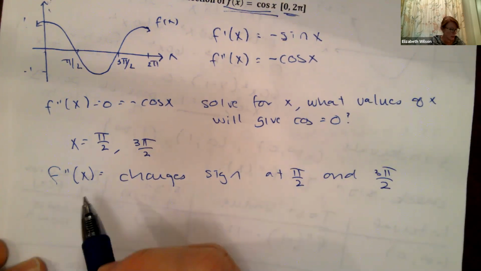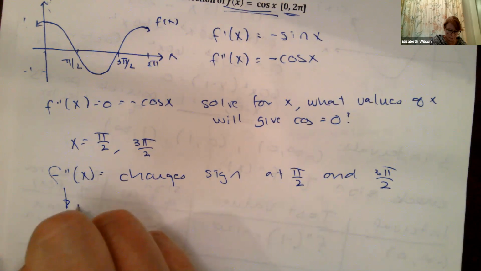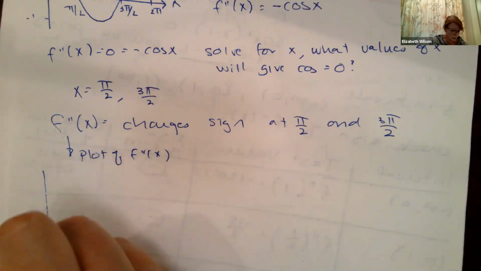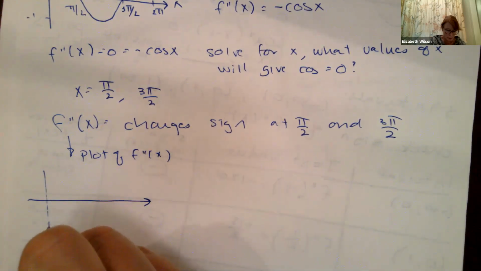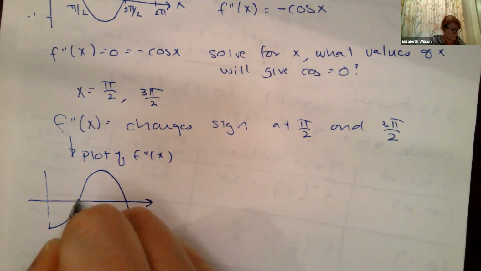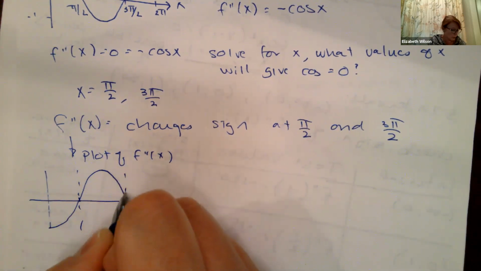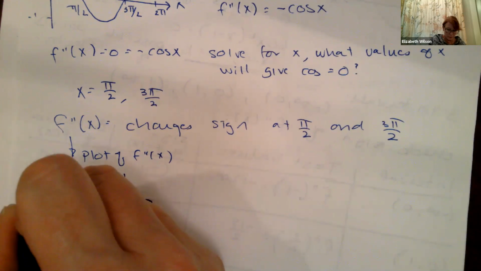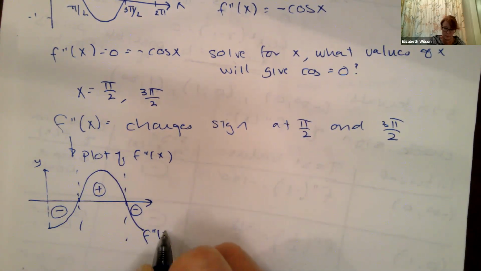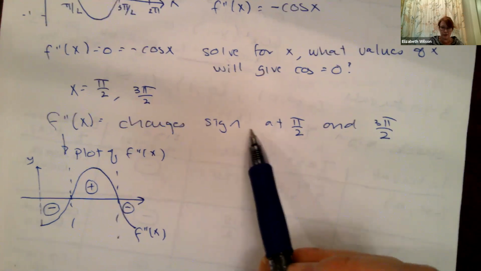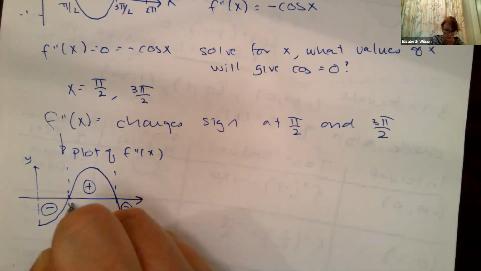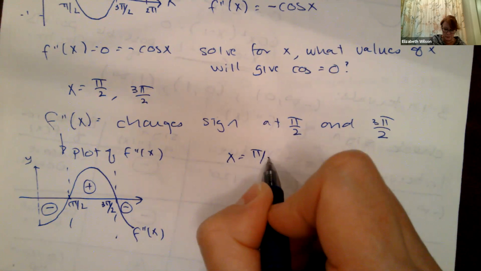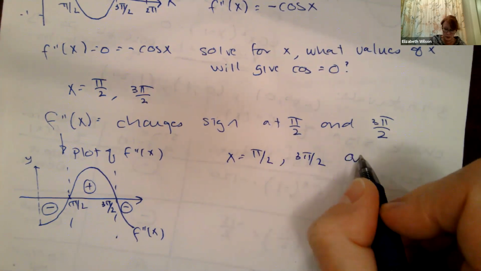If I were to plot my second derivative, this isn't enough work to show on an exam, but just to show you what it looks like, I've got these intervals where my second derivative is negative, where it's positive, and then where it's negative. So my second derivative changes sign at pi over 2 and 3 pi over 2, which means that x equals pi over 2 and 3 pi over 2 are inflection points.